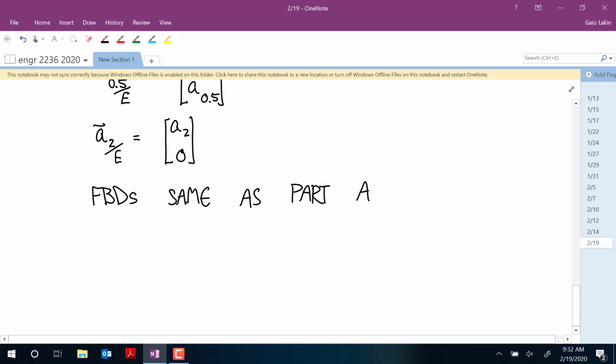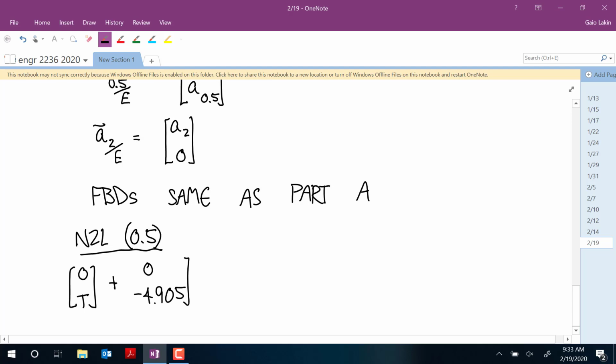And so I'm going to go just straight to Newton's second law for these two. So Newton's second law for the 0.5. The left side stays the same because the free body diagram stays the same. So we have 0, T plus the weight stays the same, 0, negative 4.905, is equal to the mass times the acceleration in the ground coordinate system.